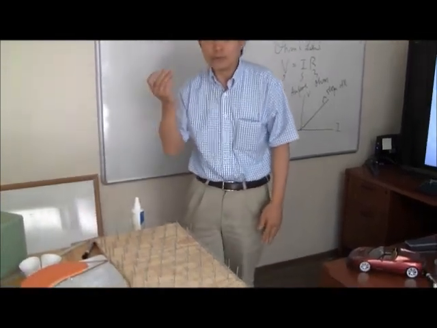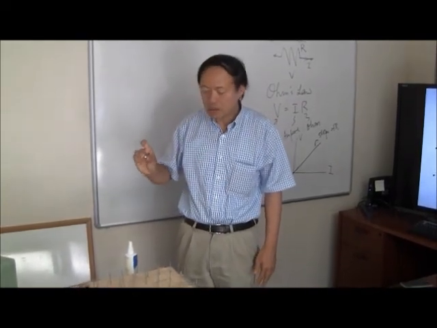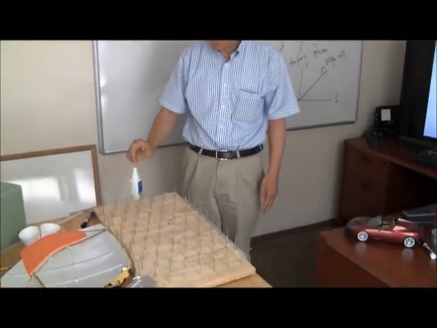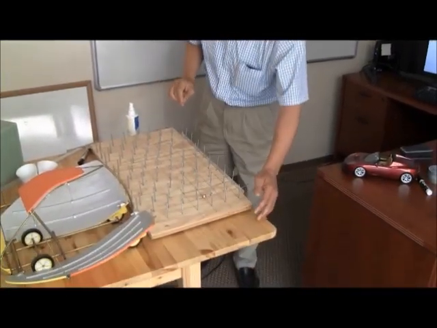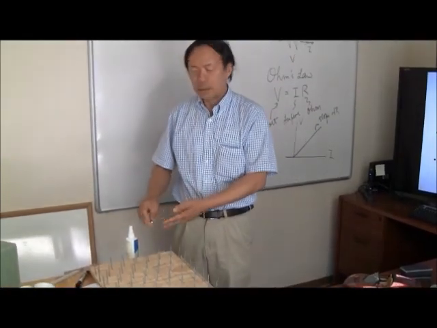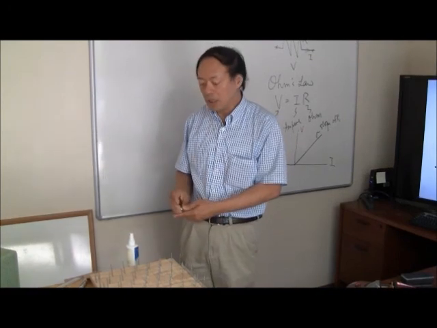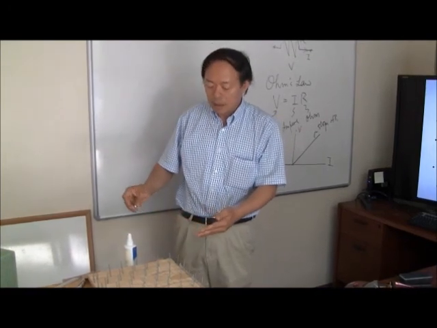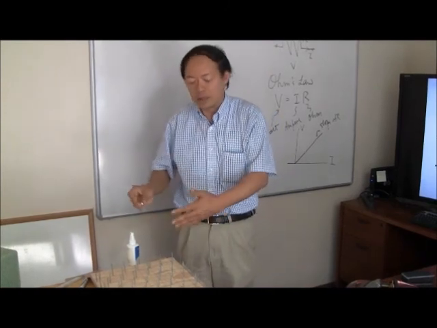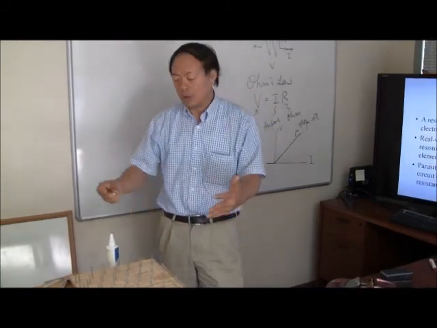I have an electron here, just a bead, and the electron would be moving downhill and hitting the atoms along the way and bouncing around. So what you see here is that it goes a certain distance on average before it hits an atom, and then it bounces backward and then accelerates again downward.